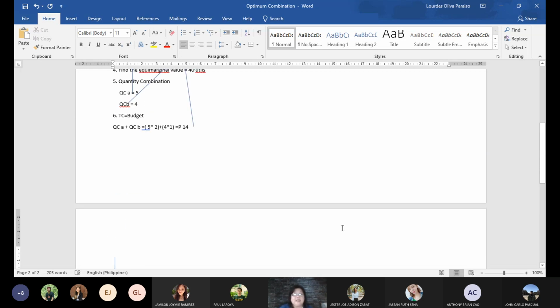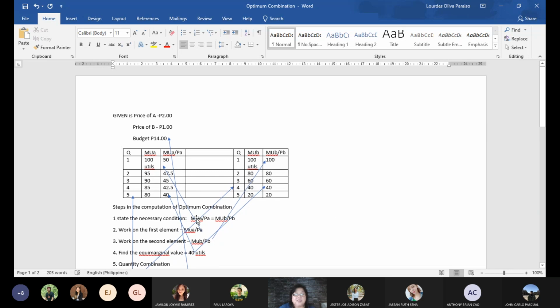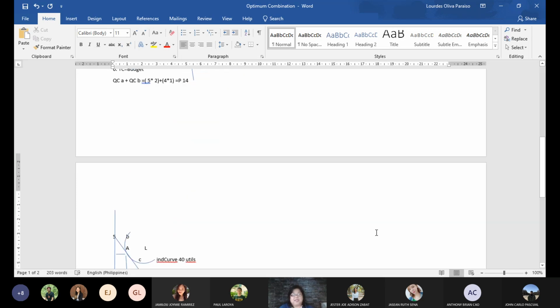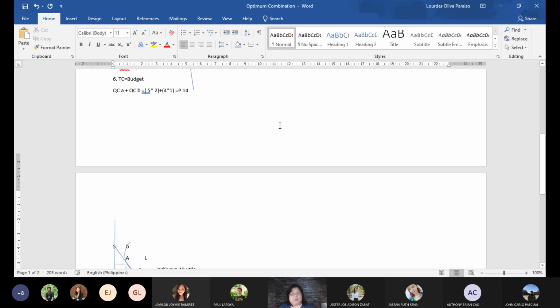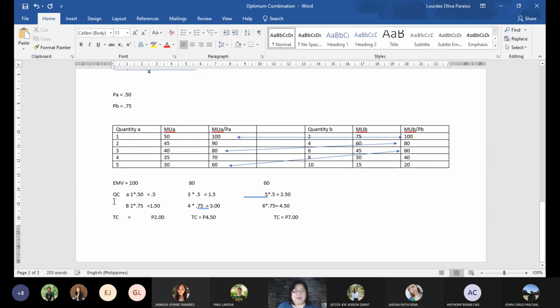Okay, hindi ko na in-state yung necessary condition kasi alam nyo naman na, di ba? At saka we-work out na natin yung first element. This is your second element. So, tapos na natin yan. Nagsimula na ako sa equimarginal value. Okay, may equimarginal value. And then you have your quantity combination and their respective costs. And you have the total budget.